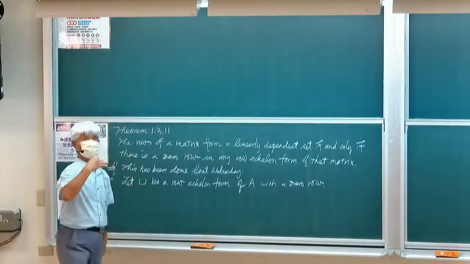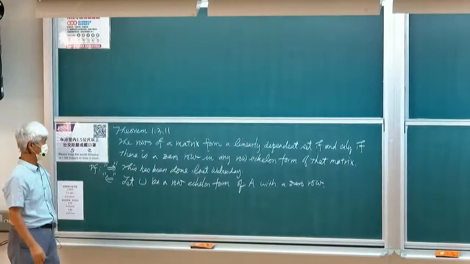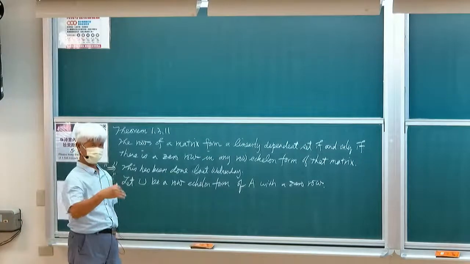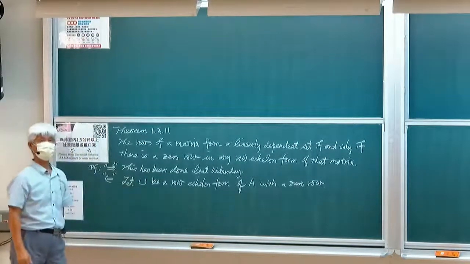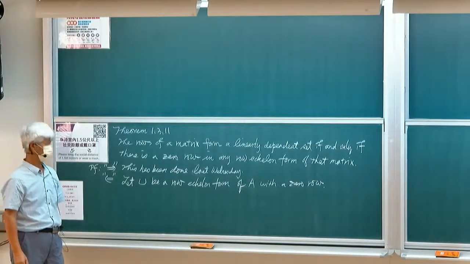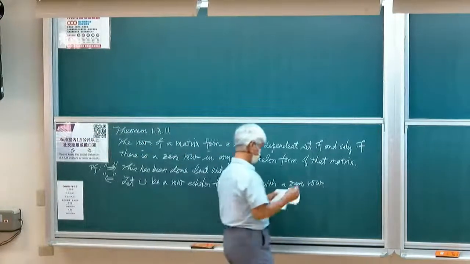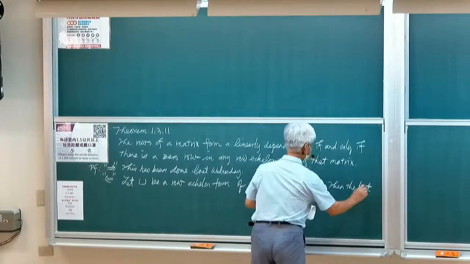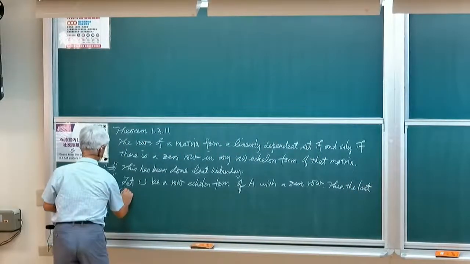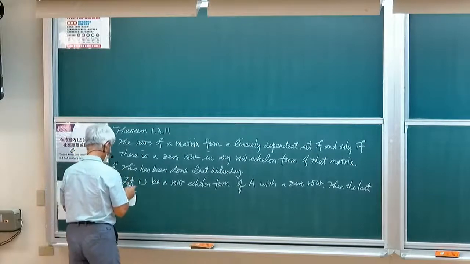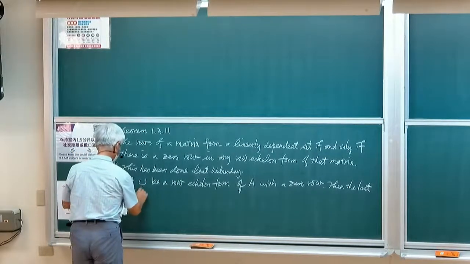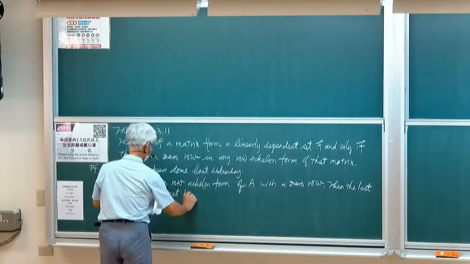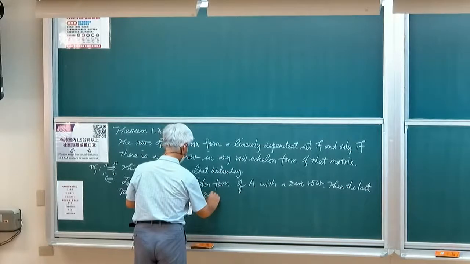If we have a row echelon form with a zero row, then the last row of the row echelon form should be a zero row. So the last row of U must be zero.